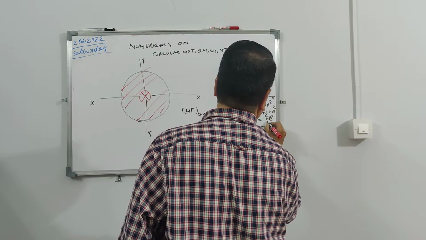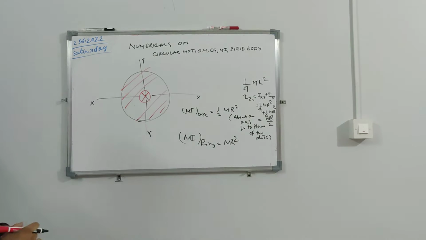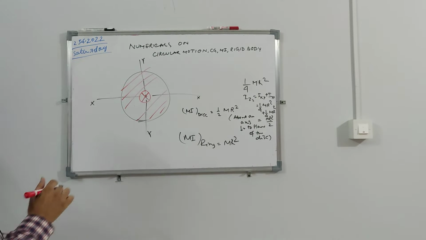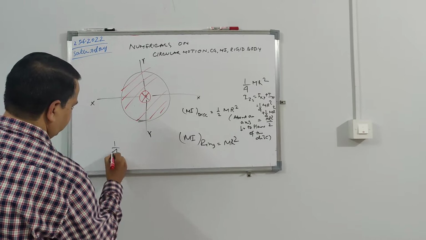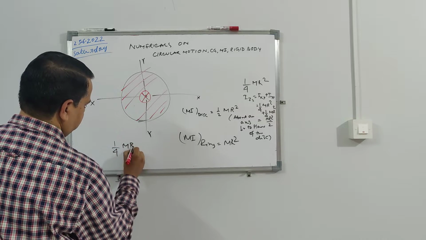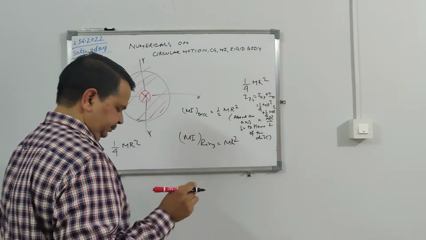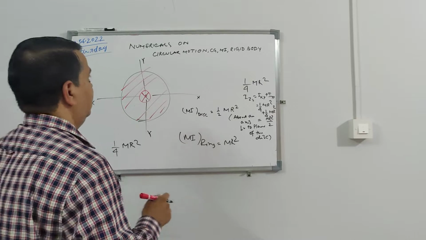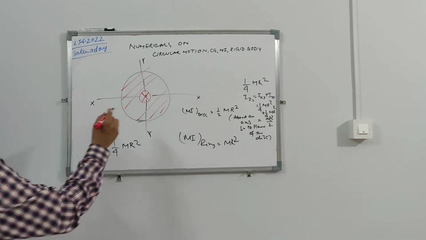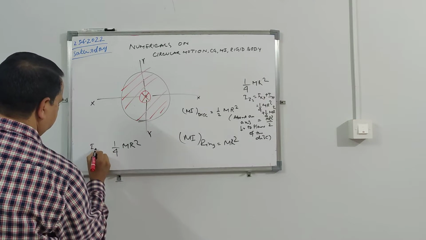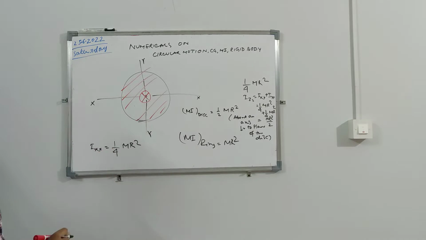And we were talking about the parallel axis theorem. About Ixx, it is 1 by 4 mr square.